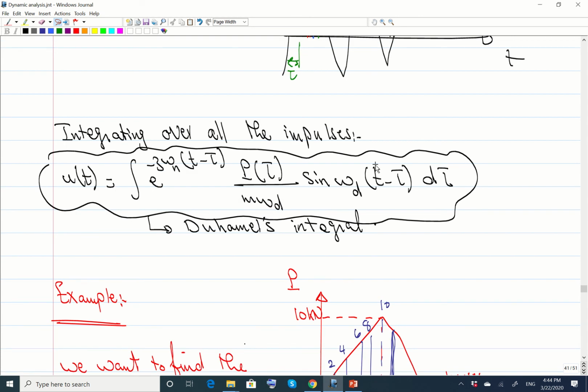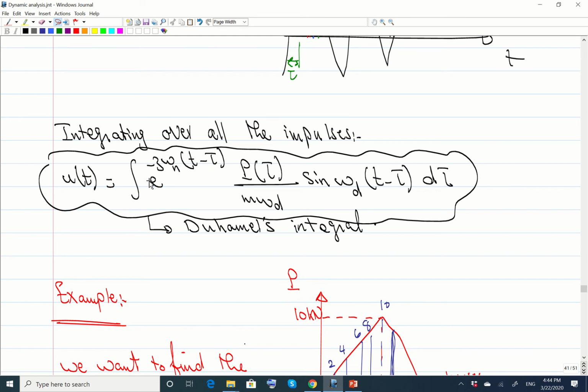So this formula here is called the Duhamel integral, Duhamel's integral. So what's Duhamel's integral? u, the displacement at some time t, I need to integrate e to the power negative zeta omega n (t minus tau), integrating with respect to tau, p of tau. I'm integrating all the forces before that time t.